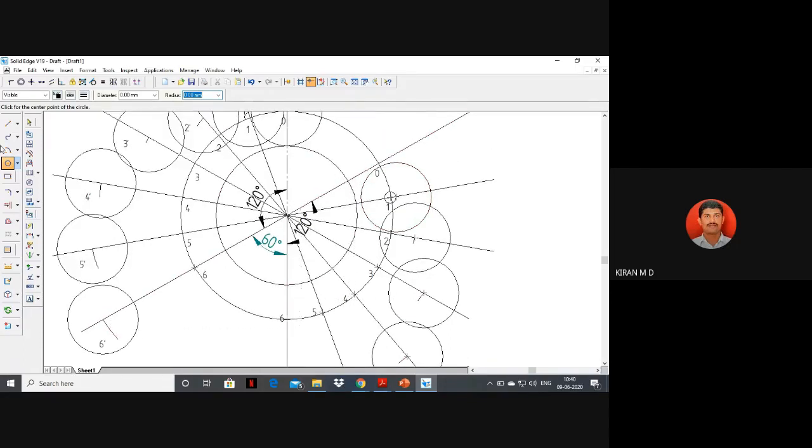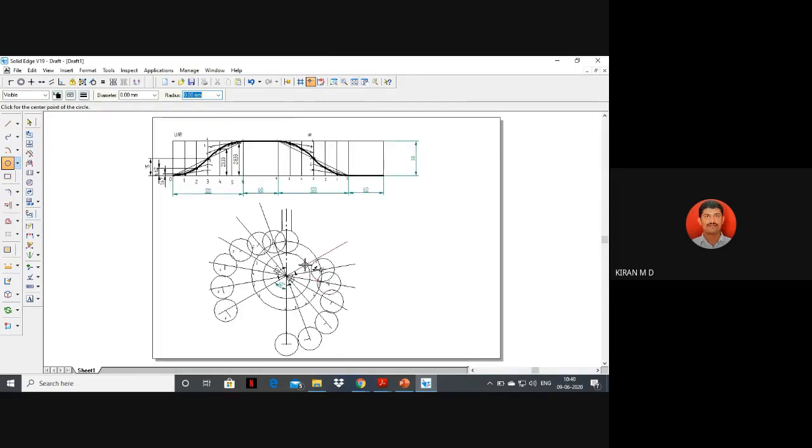Manually you draw the tangent curve, it will touch these lines like this. I will draw the straight lines.